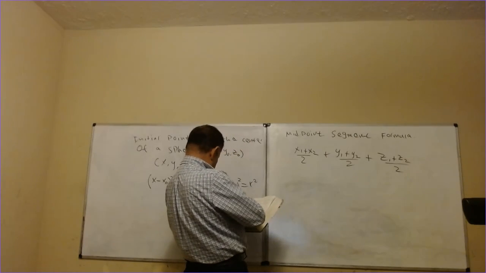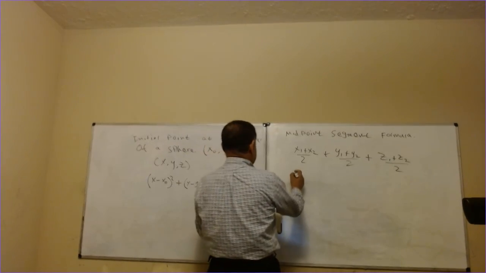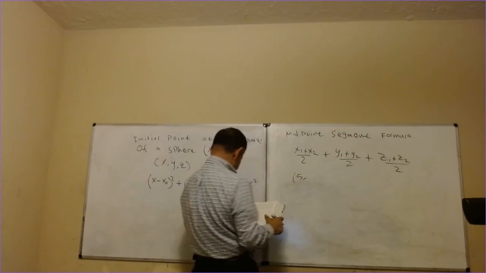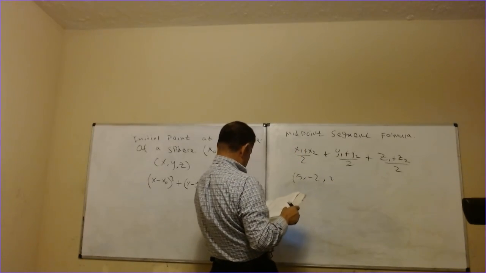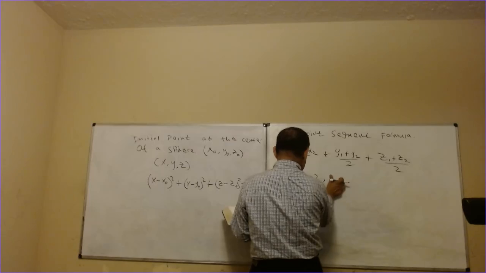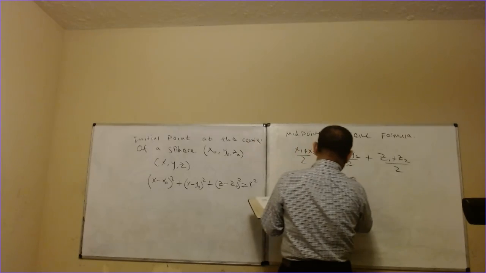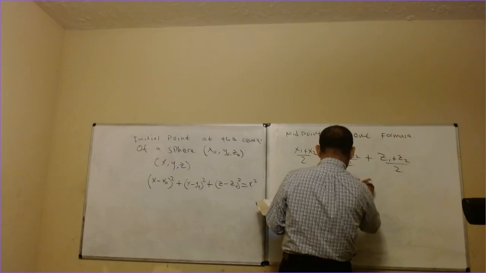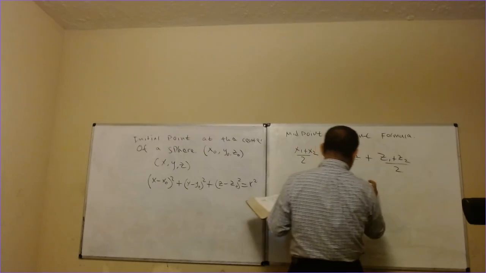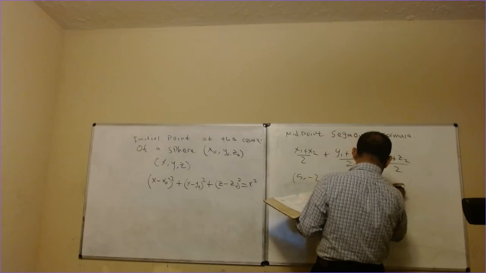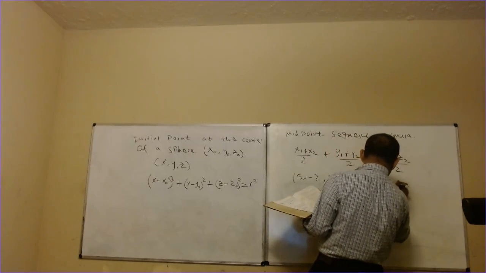The points they give us: 5, comma, -2, comma, 3, and the other point is 0, comma, 4, comma, -3, right?